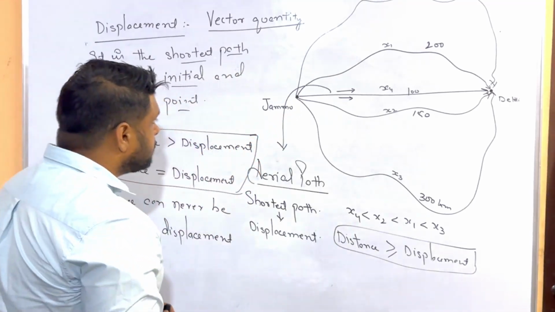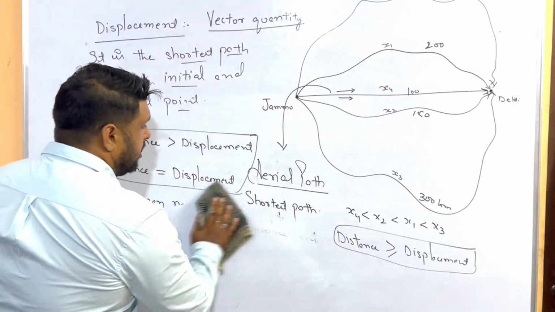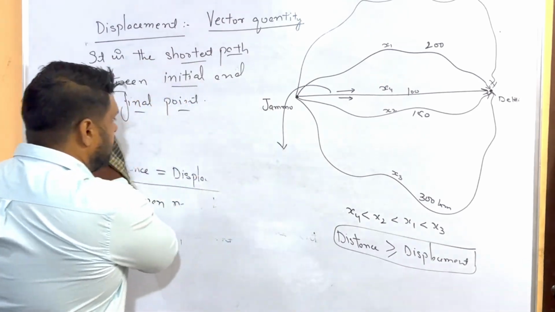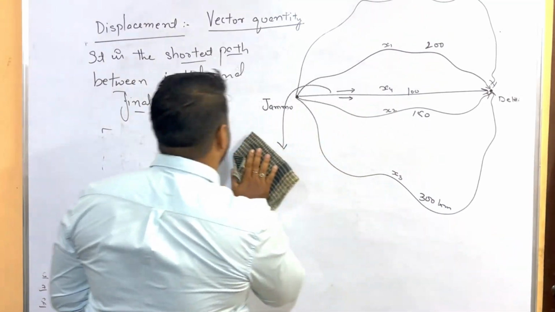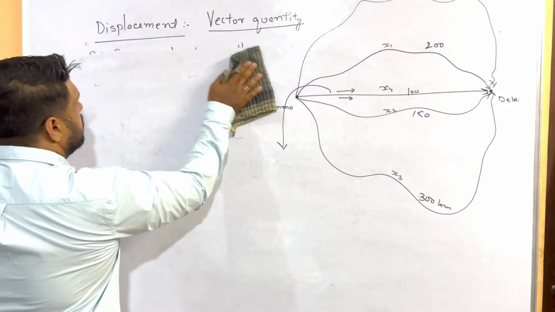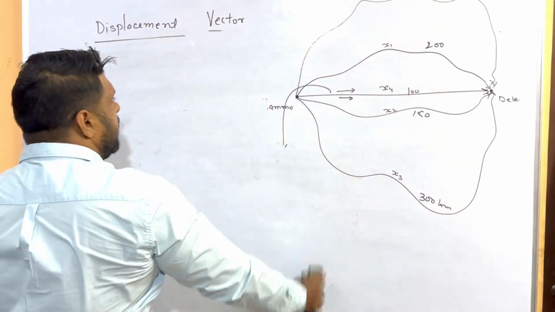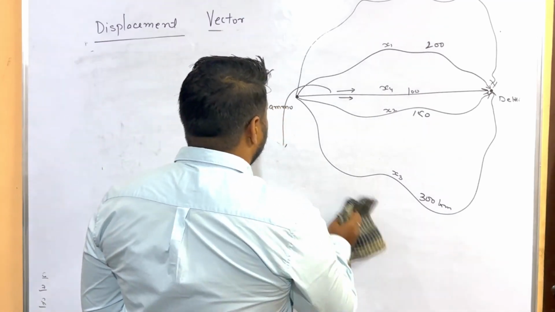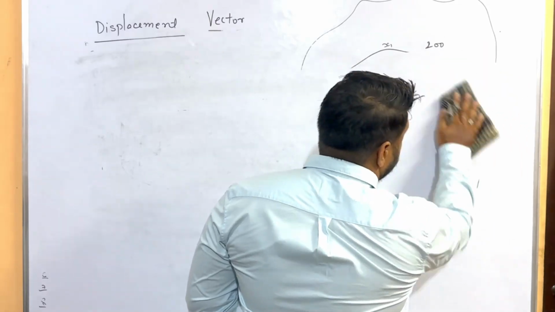So first, let's talk about your displacement vector. We have studied that in vectors. I hope you remember that now. Then I will show you how it can be positive, negative, or zero.